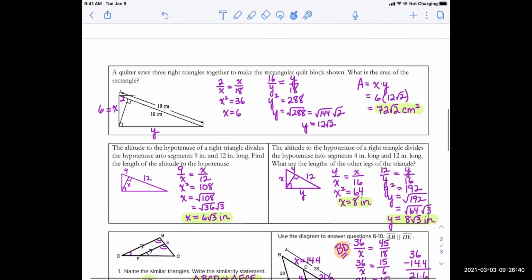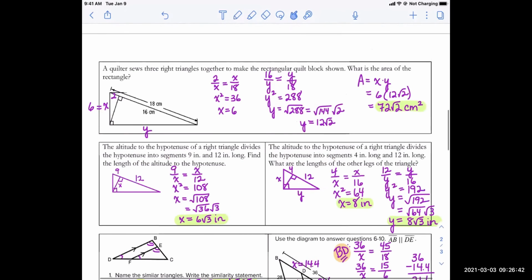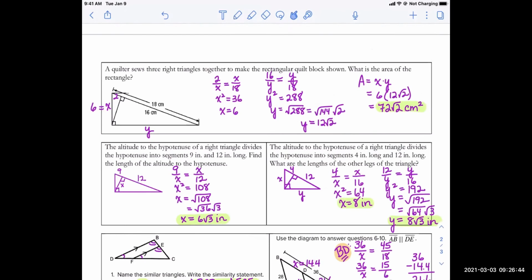Take a minute and look at those word problems. So don't forget that you're going to have geometric mean stuff on this test.